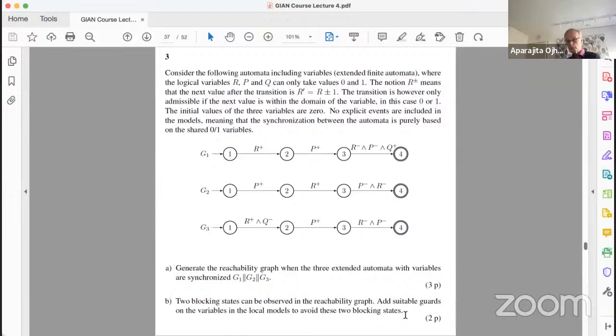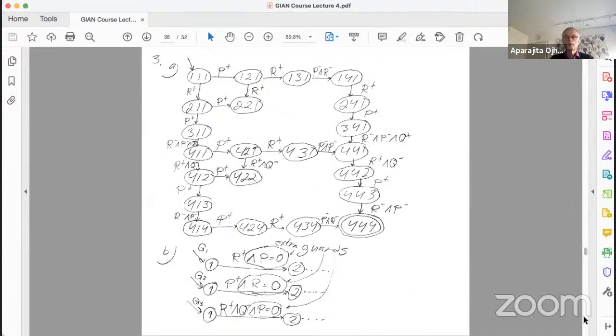But to add guards to these EFAs here, then you have quite nice computational tools to do that. So here is just an example of how things look.